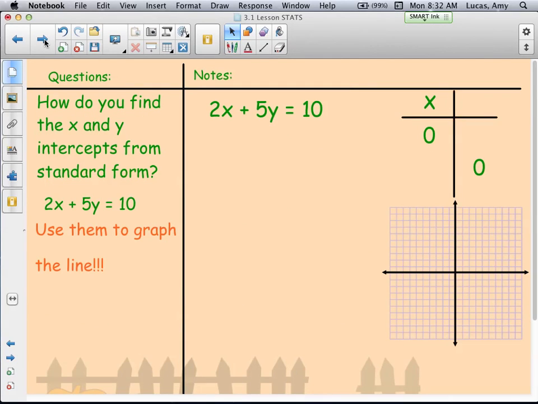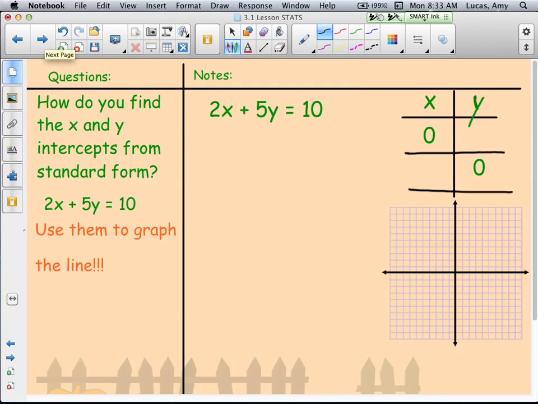How do you find the X and Y intercepts from standard form? Use them to graph the line. Well, from standard form, to find the X-intercept, we plug in 0 for Y, and to find the Y-intercept, we plug in 0 for X. So in my table over here, that's what we're going to do.